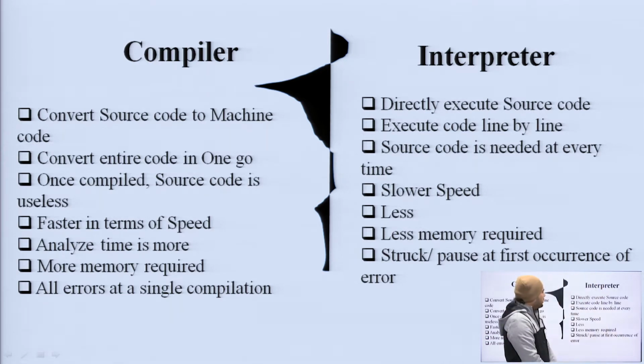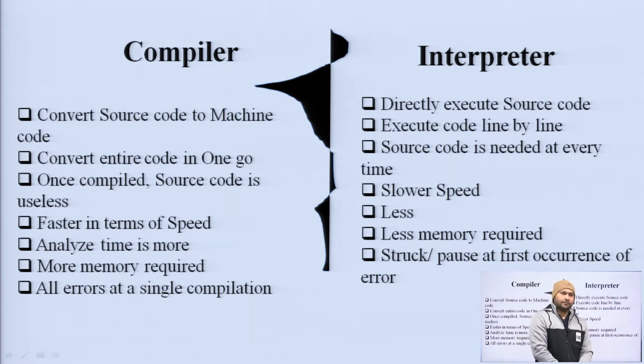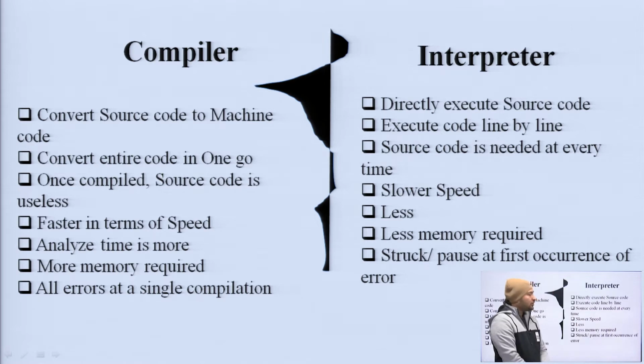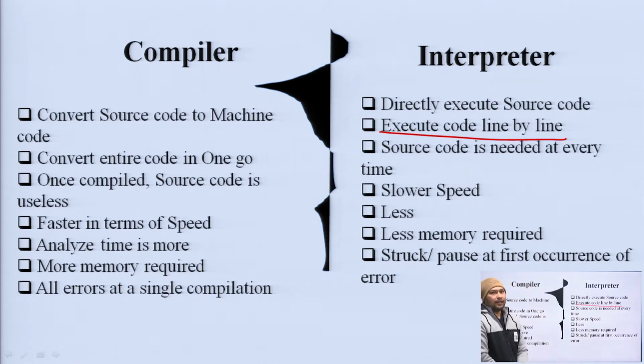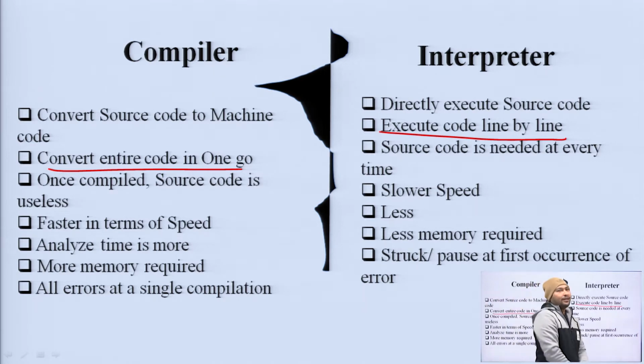But in the interpreter, the execution of the code happens directly. What's more, in the interpreter, the execution of the code is done line by line. That means one line is executed, then the next one, and then the next. But in the compiler, the entire code is converted first into machine language and followed by the execution.